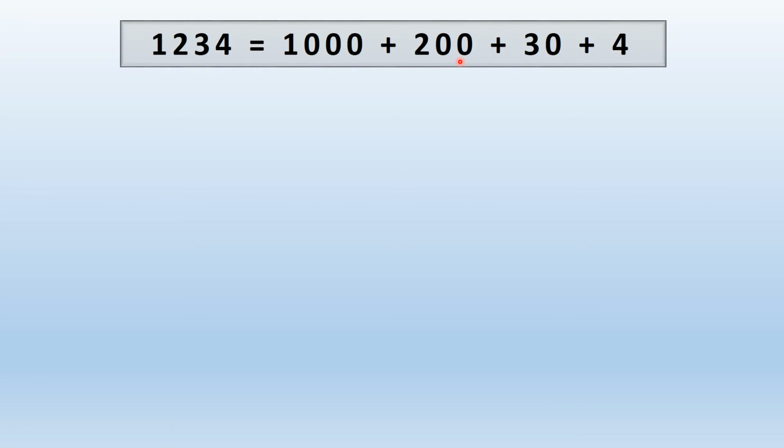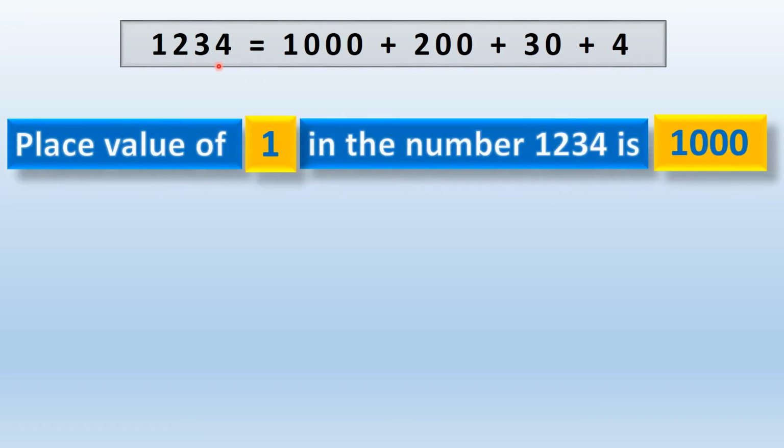So now we will write the place values and face values of each digit in the given number. Place value of 1 in the given number 1234 is 1000.